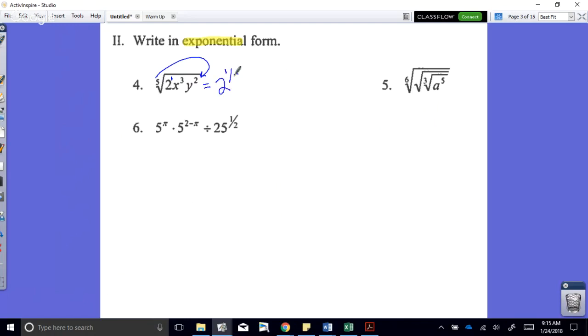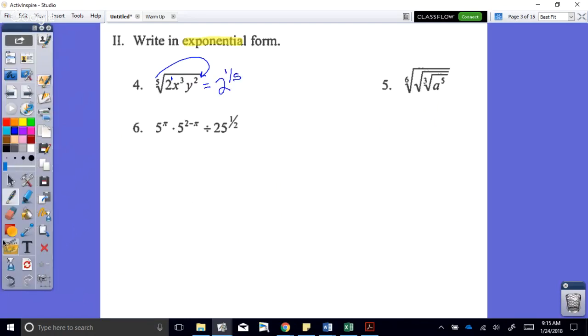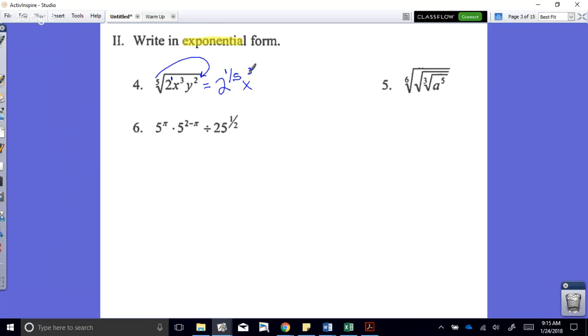So it's now 2 to the 1/5. The radical goes away. The x cubed becomes x to the 3/5, and y to the second becomes y to the 2/5. Since we can't reduce those fractions, since we can't simplify those fractions, that problem is now complete. Which leads us to 5.